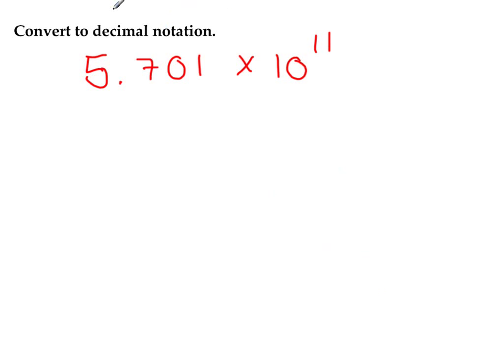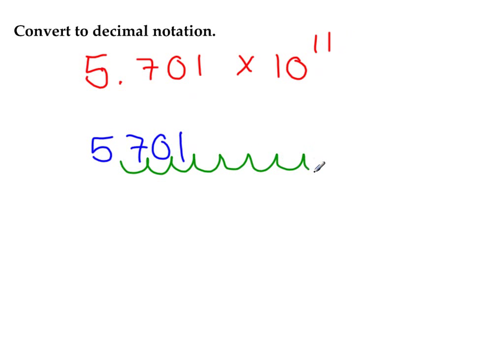When we're starting with scientific notation, just write down the same significant digits again, without the decimal point. From where the decimal point is, we count 11 places to the right, because we're getting bigger, and when we get bigger, we go to the right. So we go 1, 2, 3, 4, 5, 6, 7, 8, 9, 10, 11. And that's where we would stop.